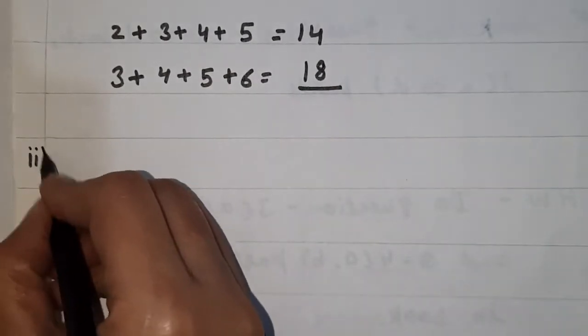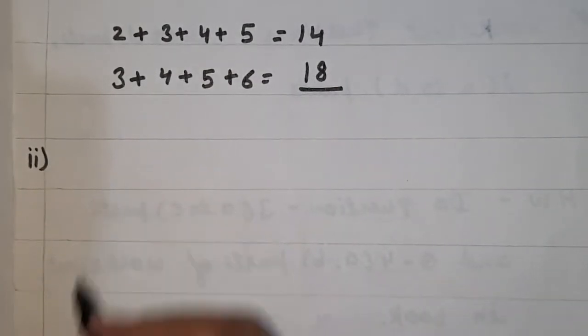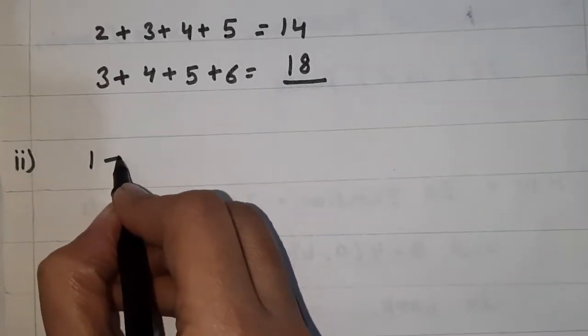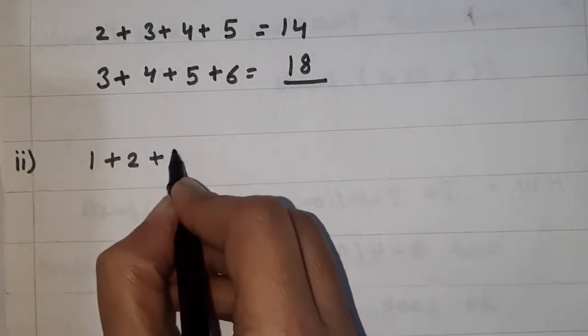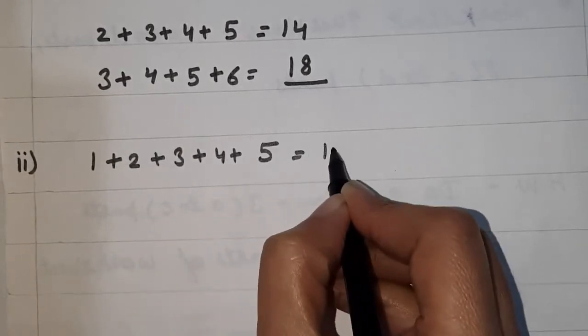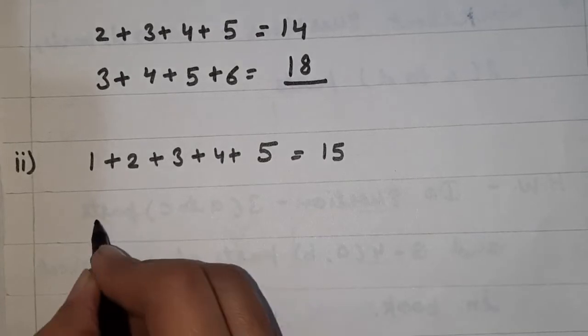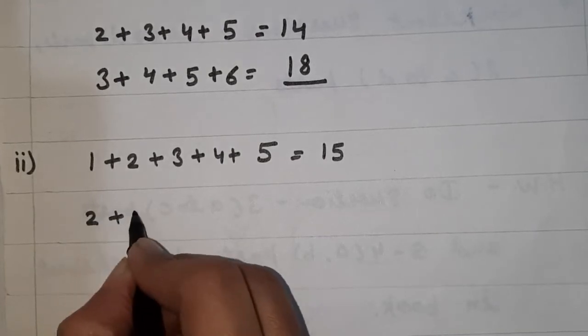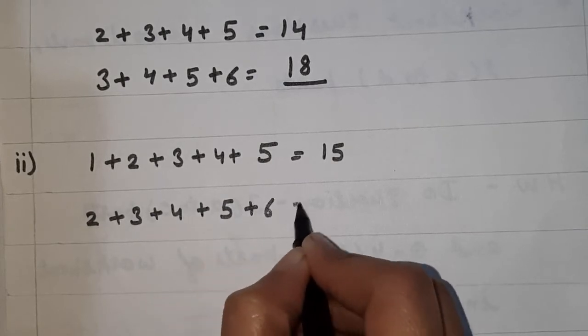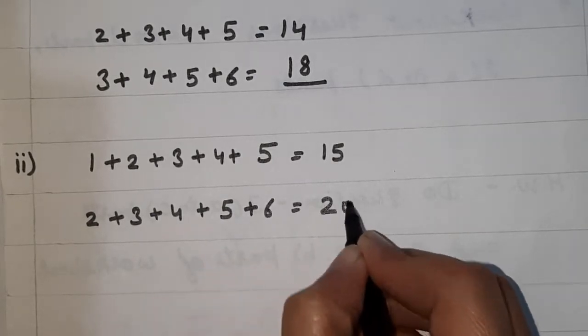Similarly, one more example I am going to take. 1 plus 2 plus 3 plus 4 plus 5 is equal to 15. 2 plus 3 plus 4 plus 5 plus 6, 20.